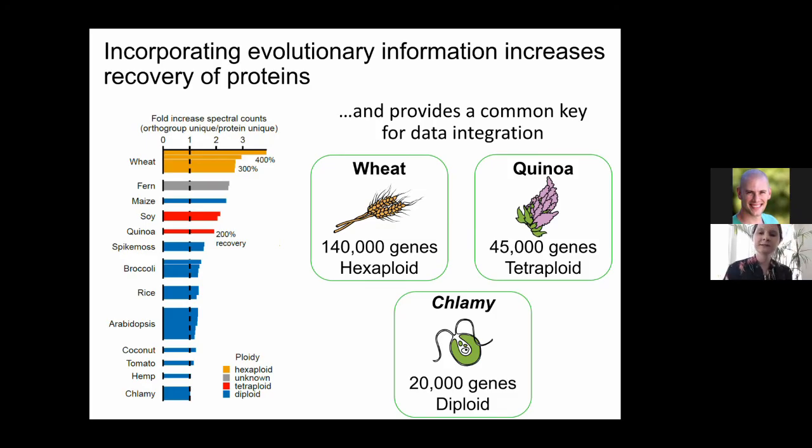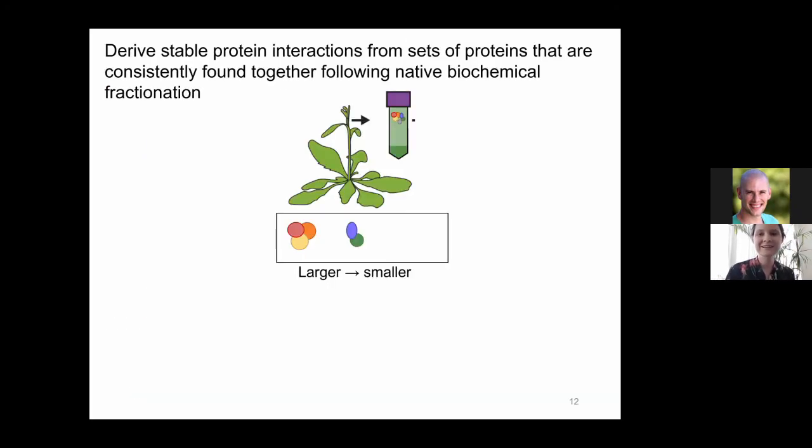Okay, so now another overview, since you missed my first slide, of how this technique works. So we've got our plant. We ground it up into lysate in such a way that breaks up the membranes but preserves the intact protein complexes, and then separated that lysate across some gradient.